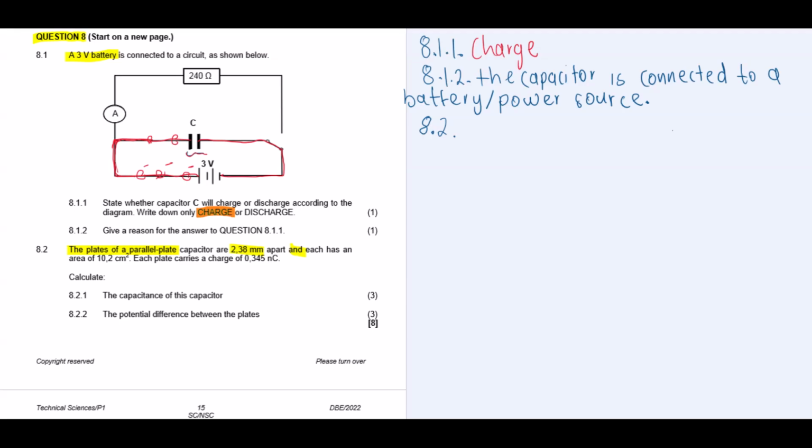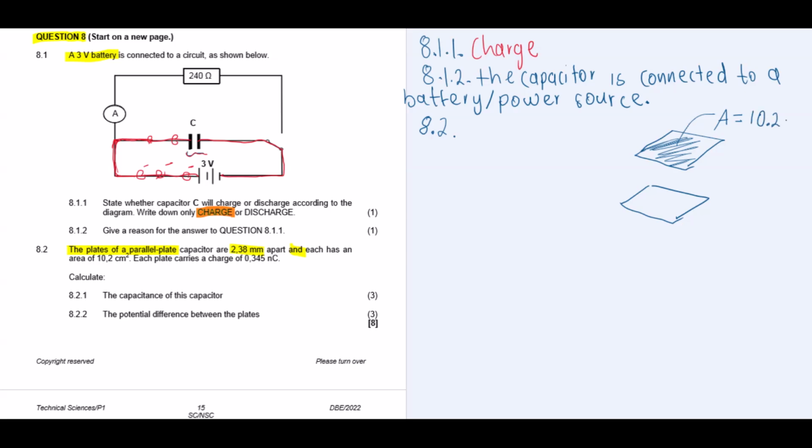And each plate has an area, right? So remember, we always have to draw something here that shows us the plates of this capacitor that they talk about, especially when it's not drawn, so that we can easily have a picture of what they're talking about.